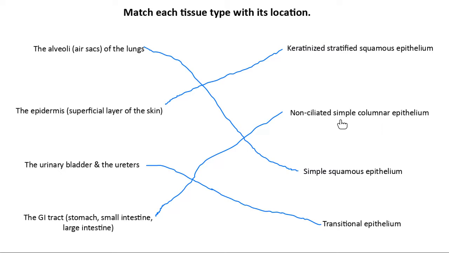Simple means there's one layer. This non-ciliated thing, we talked about cilia last week. Non-ciliated, like Kira mentioned, means that these cells have those things called microvilli. Can you remind me in the chat, what are microvilli good for? Why would a cell want to have microvilli? What's the benefit of that?